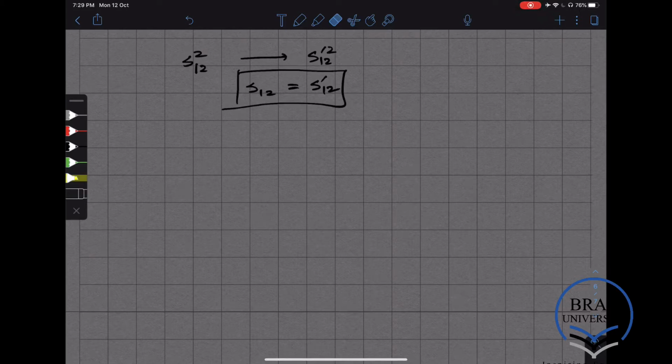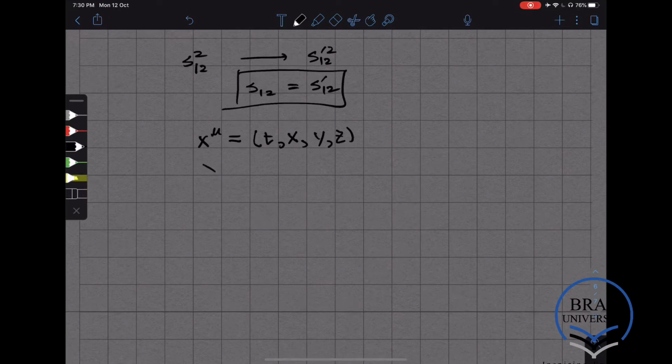To do so, let's introduce some notation. Let's introduce x mu to be the coordinates of some event. So x mu is a 4-tuple, or 4 numbers: t, x, y, and z.